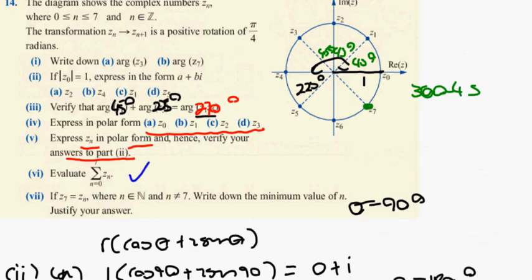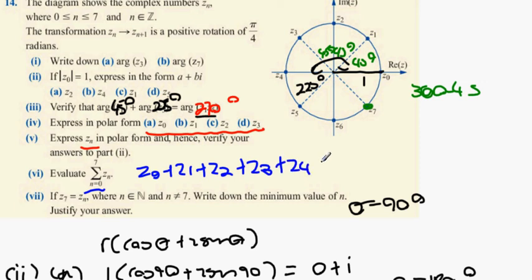Okay, evaluate. What it wants us to do next is evaluate the sum of the 7 terms. It wants us to evaluate what Z0, plus Z1, plus Z2, plus Z3, plus Z4, plus Z5, plus Z6, plus Z7 is.